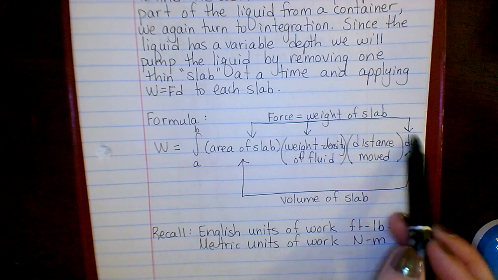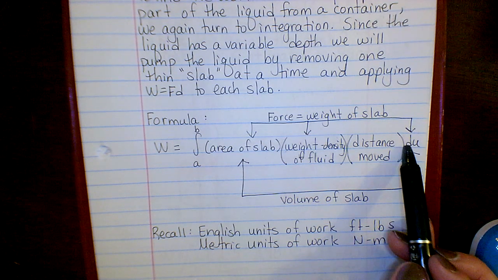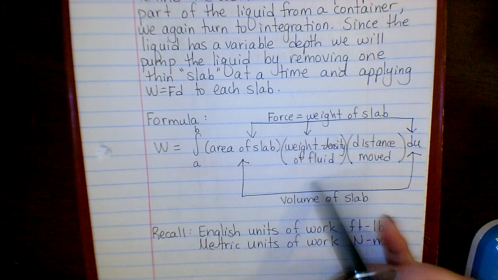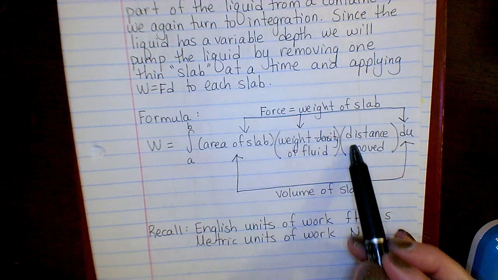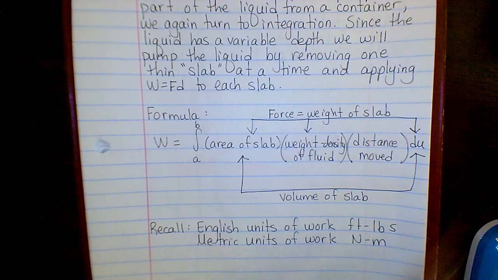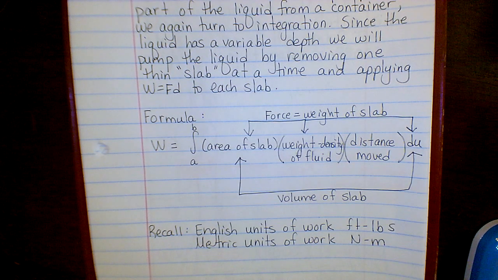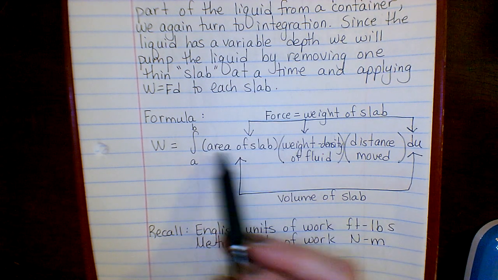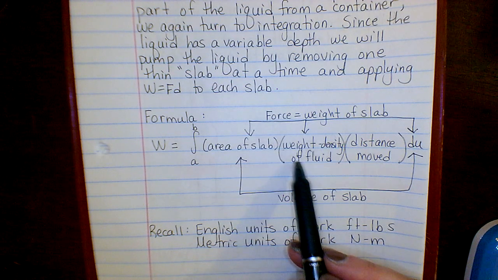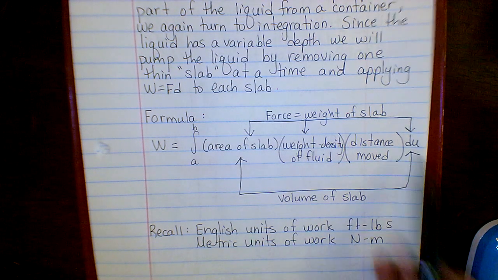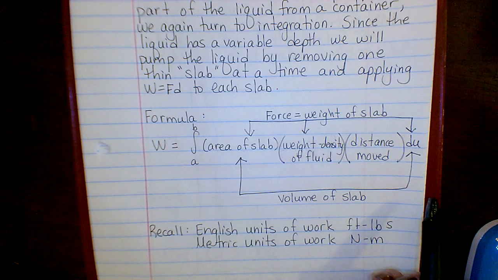This little du out here, we're going to typically orient to where we are pumping up or down. We're going to be moving in a y direction, so this is more often than not going to be a function of y. My area of the slab times this little du is going to together make up my volume.